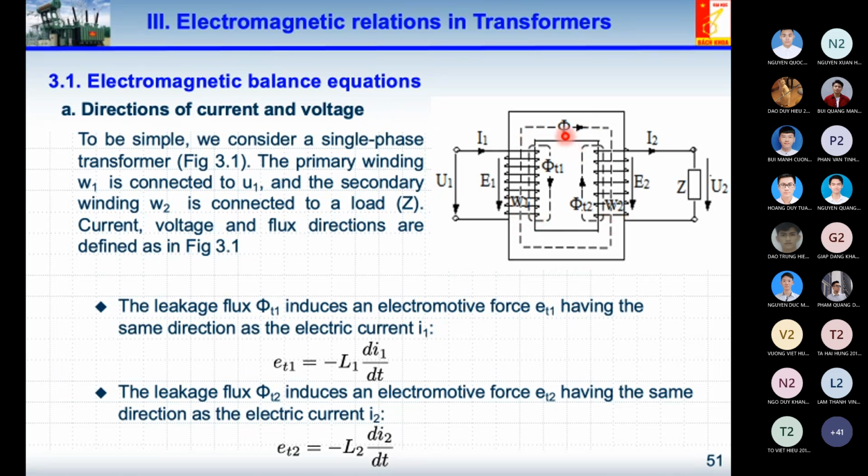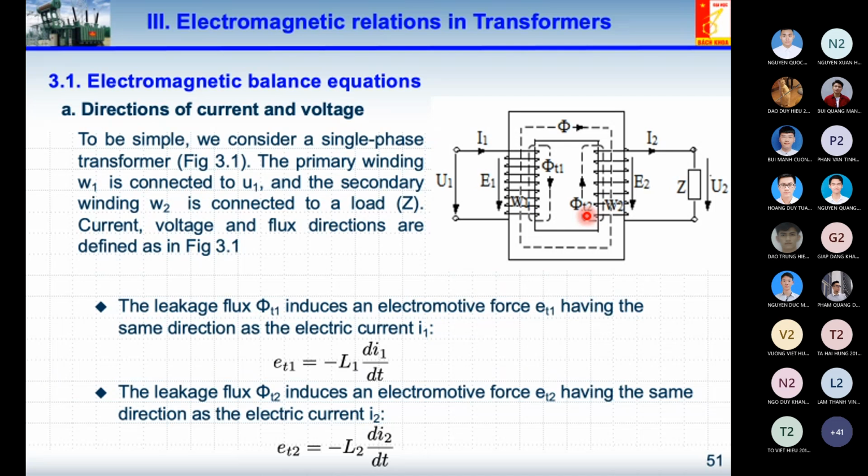This magnetic flux is called the main magnetic flux. In addition, if we look carefully, you can see on the side of the main magnetic flux we get two different magnetic fluxes, phi T1 and phi T2, which are called the leakage flux.